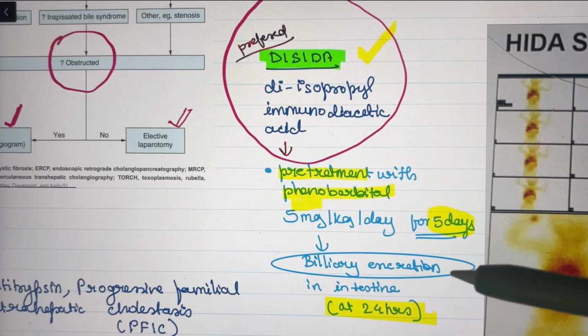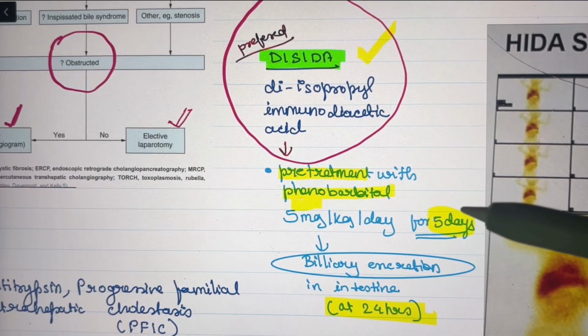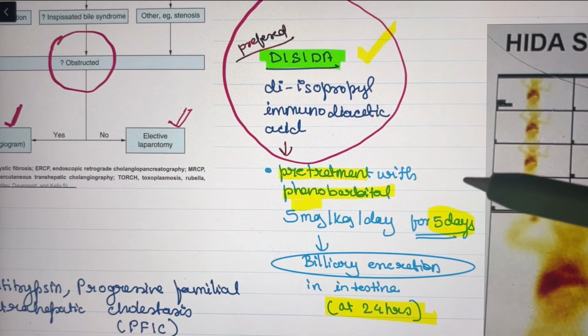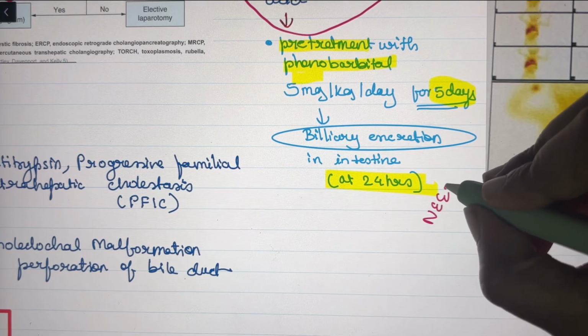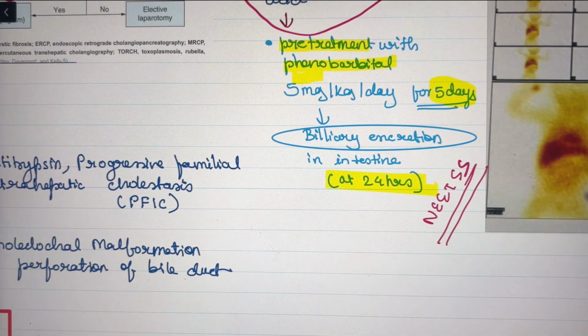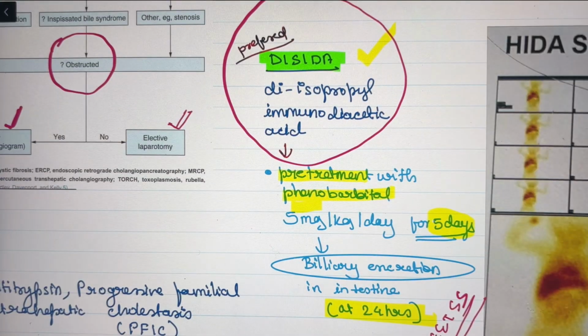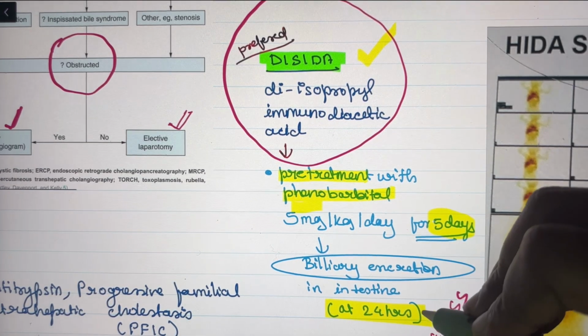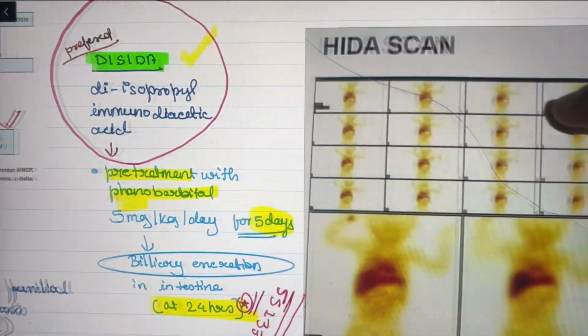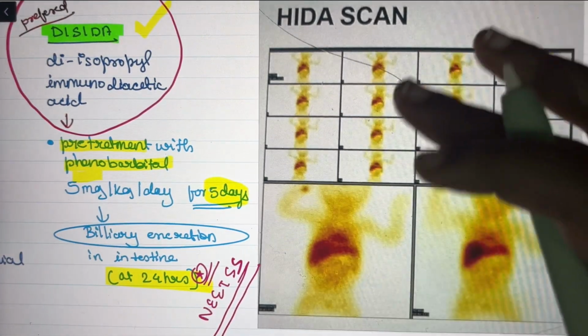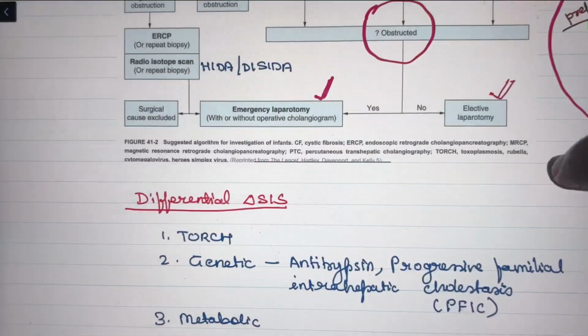But if there is no bile present in the intestine or duodenum, then we know that the patient has biliary atresia. This was once asked in the NEET SS exam: after giving the dye, after how much time do we see the bile in the intestine? That is, after 24 hours we see bile in the intestine. So this is the DISIDA scan. This is the HIDA scan. This is how it looks. It can be asked with a picture also.